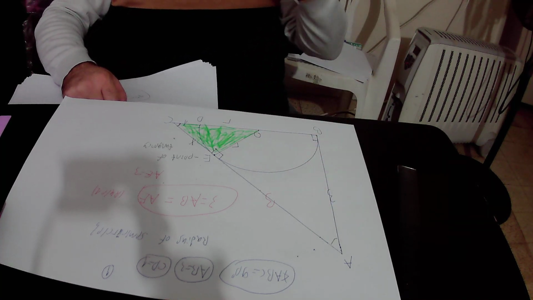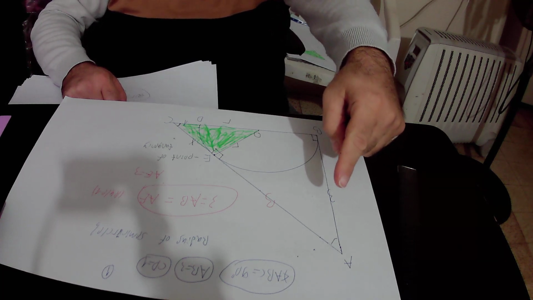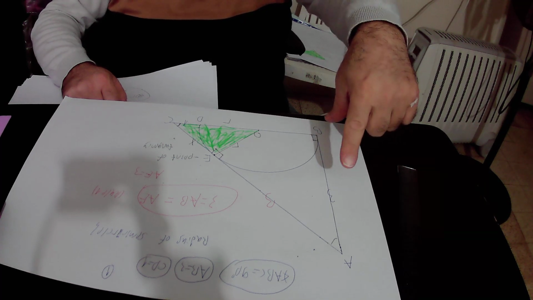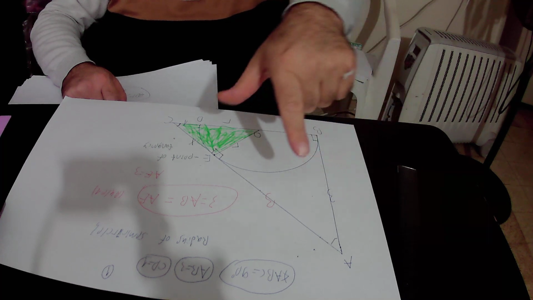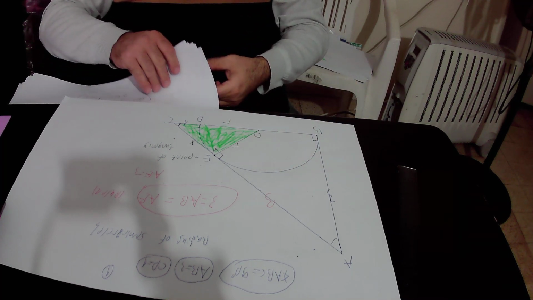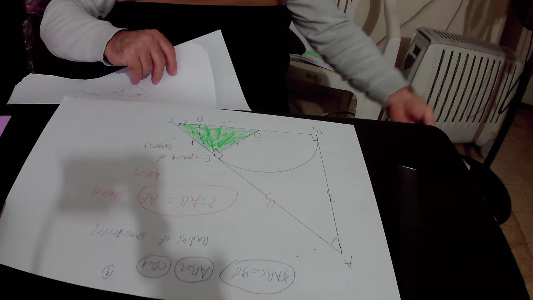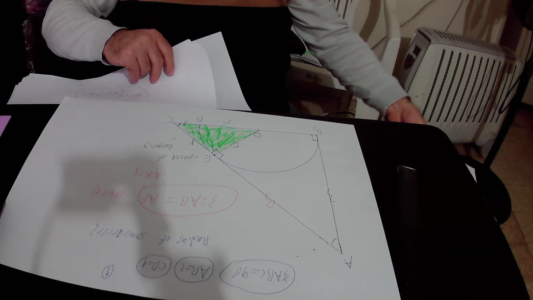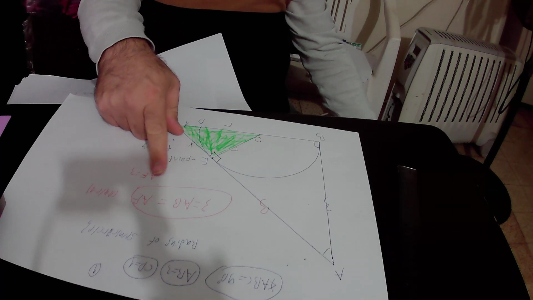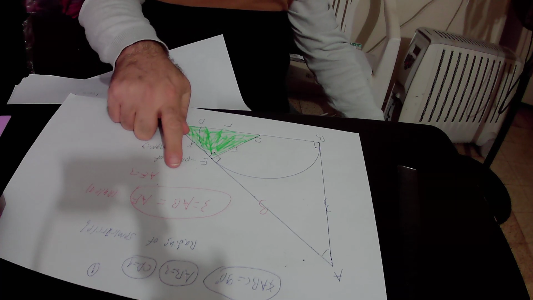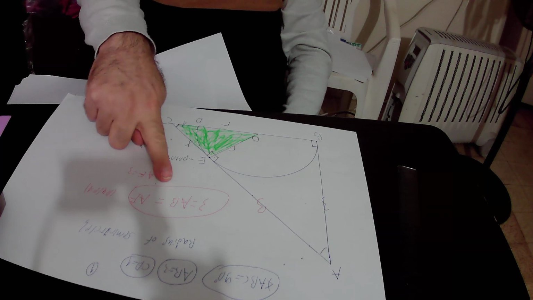So according to rule number 1, AB equals AE. I'll repeat again: according to the two tangents theorem, AB equals AE.